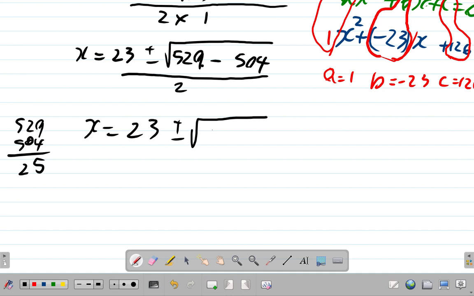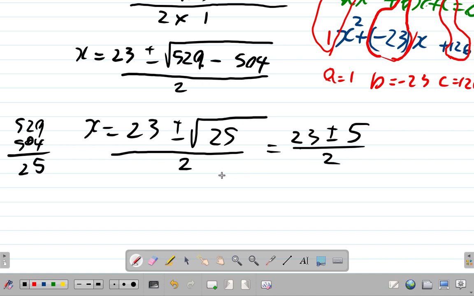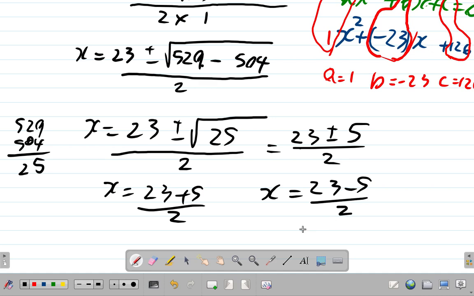So it's 25, square root of 25, all over 2. So what we have is 23 plus or minus the square root of 25, which is 5, divided by 2. So in one case we have x is equal to 23 plus 5 divided by 2. In the other case we have x is equal to 23 minus 5 divided by 2.